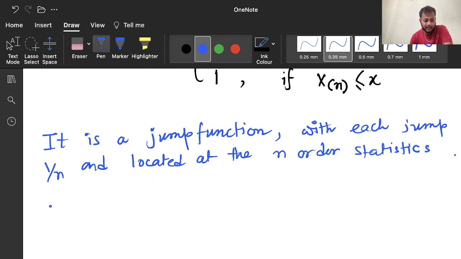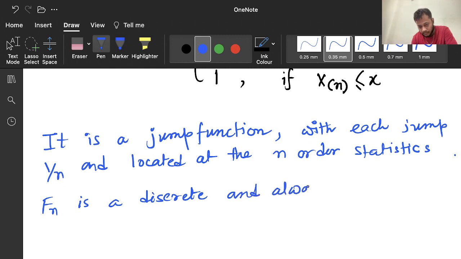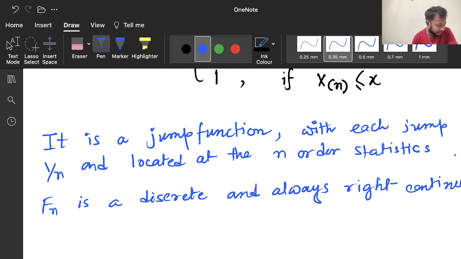And F_n is a discrete and always right continuous distribution function.